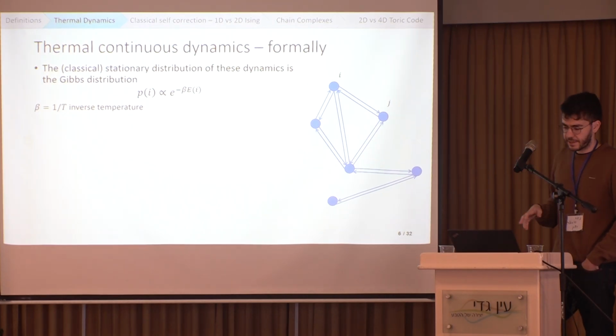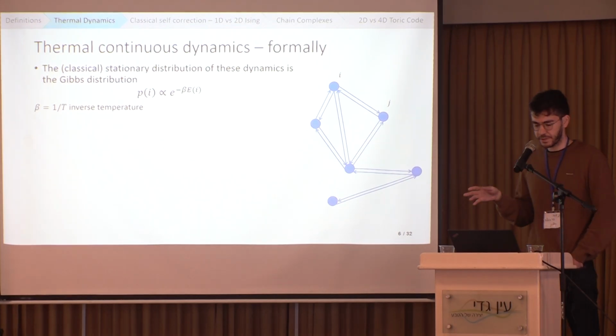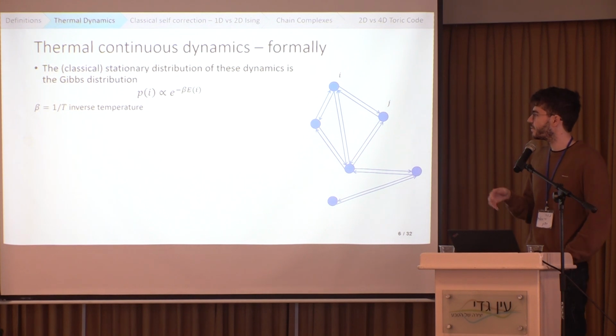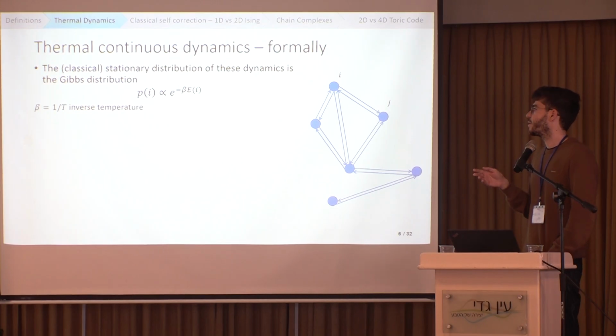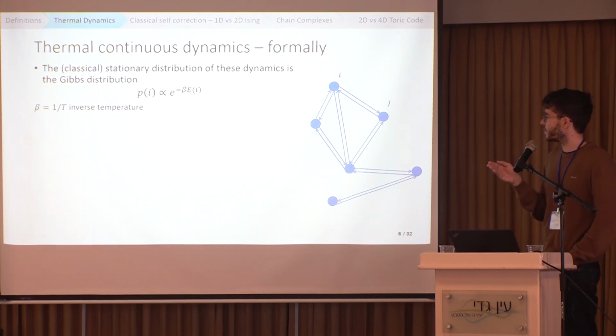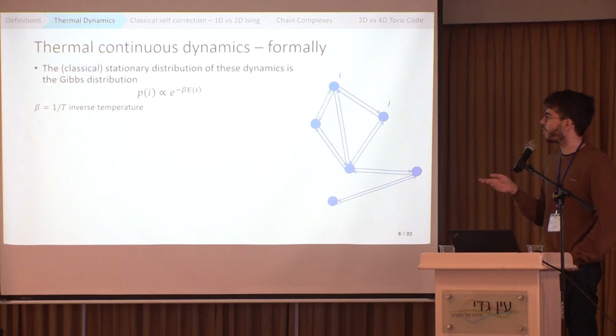After a long time, the system reaches a stationary distribution, which is the Gibbs state. And the probability to be in each configuration is proportional, as we saw yesterday, to the Gibbs weight, which is weighted exponentially with the energy. And beta is the inverse temperature.